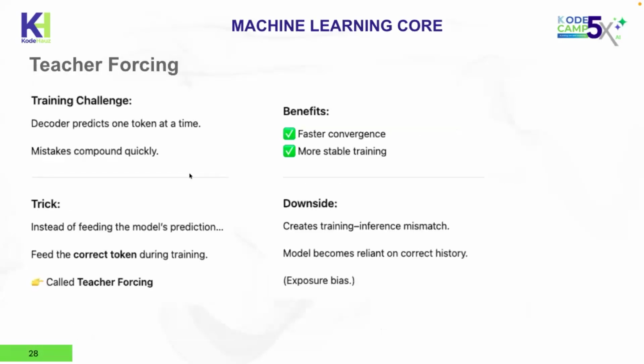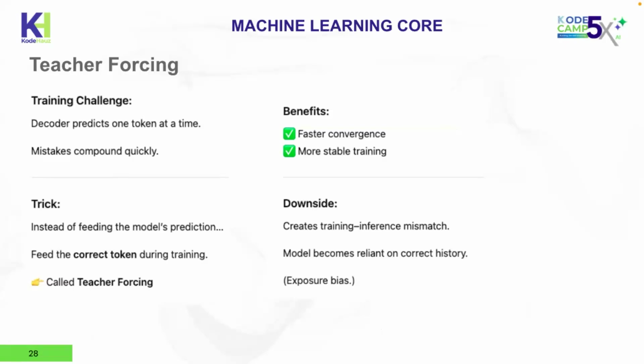I talked about teacher forcing here. Just like what we did now, we were training it to predict just the next word. But when you are doing a sequence to sequence model, you put in the encoder and then the decoder, which has output. When you are training it, the decoder is predicting only one token at a time, just as the encoder is consuming one token at a time.